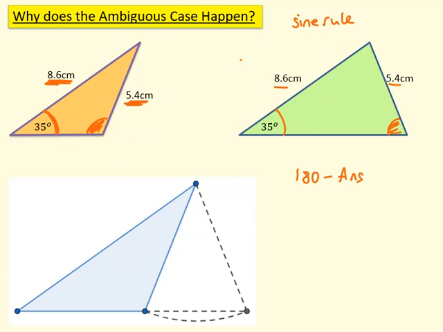Look at this triangle here. Now imagine that's the 8.6 there, and this is the 35 degrees here, okay? Now imagine I had a compass, and I put the needle of the compass there, and here's the needle, and here's the pencil.